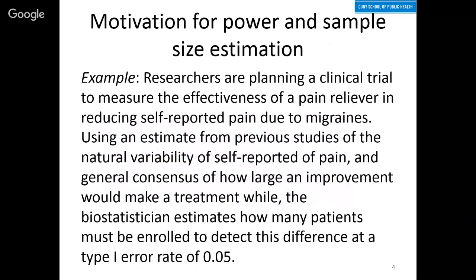Here's an example of why we do power and sample size estimation. Suppose that you're planning a clinical trial to measure the effectiveness of a pain reliever in reducing self-reported pain due to migraines.